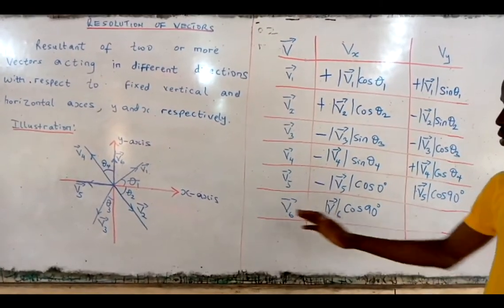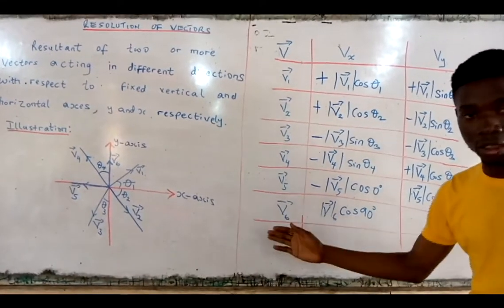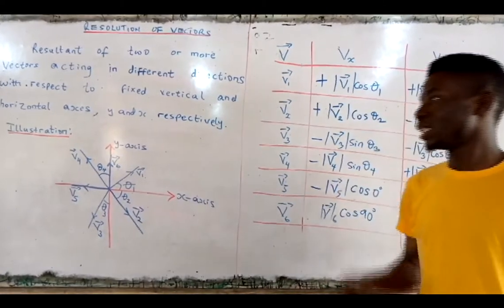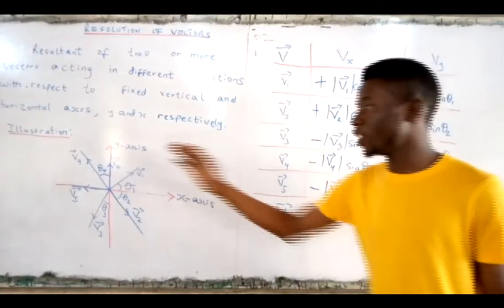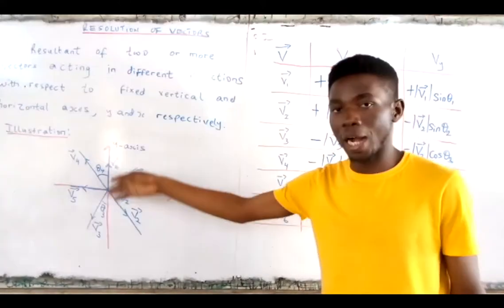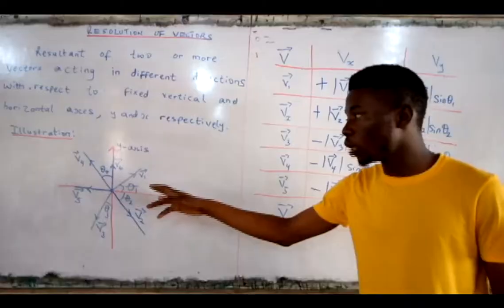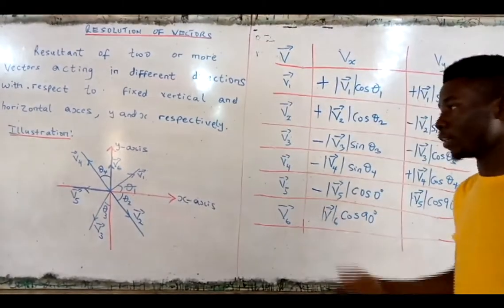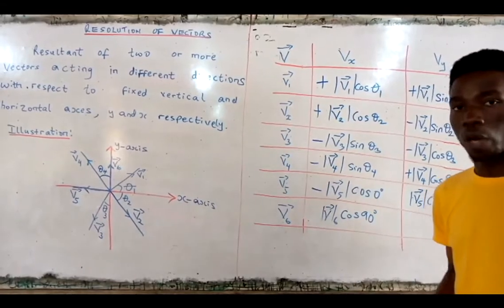Now, to the last vector, which is vector V6. V6 is directly on the y-axis. That implies that V6 is acting at angle 0 degrees to the y-axis. And as well, it is at the top, which implies that it is going to have a positive value with respect to the y-axis.